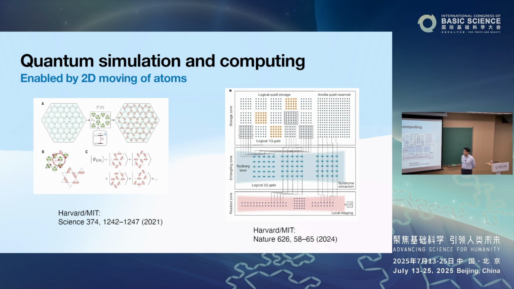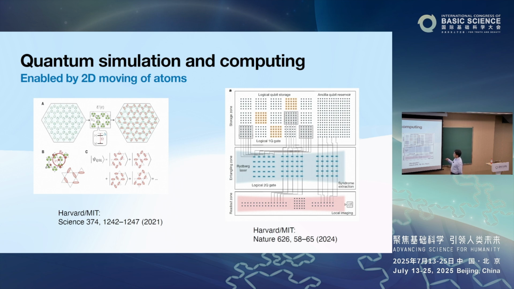So with these kind of systems, people have studied for example, quantum spin liquids, and this was enabled by already 2D moving of atoms. So you fill the atoms randomly, but you can have a target pattern of, for example, a triangular lattice or a Kagome lattice, and you can move the atoms into this shape and start turning on the interaction after that.